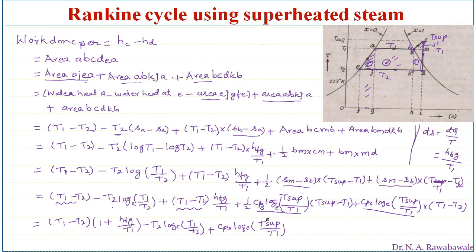In this bracket what is going to remain is half T sup minus T1, plus of T1 minus T2. Close this bracket.